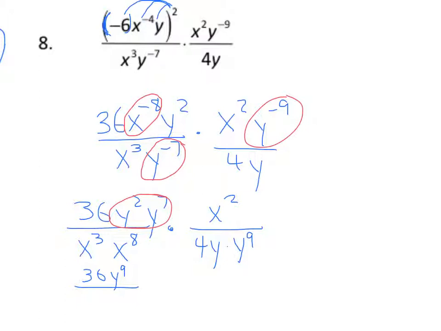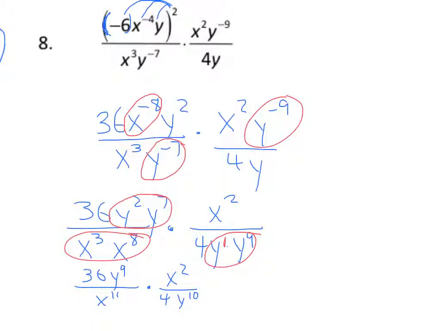And then x to the 3rd times x to the 8th, again add the exponents, we get x to the 11th. And then in the next one, I can multiply y times y to the ninth. Remember, this is like y to the first power. Add the exponents, and we get 4y to the 10th in the bottom.